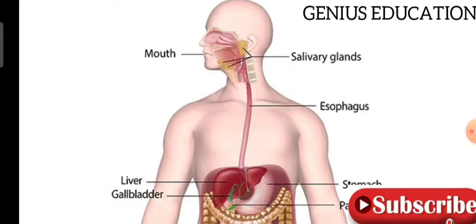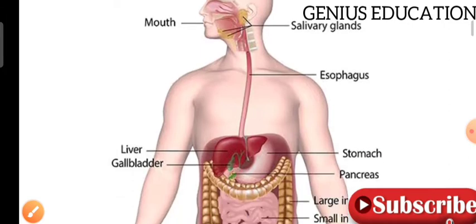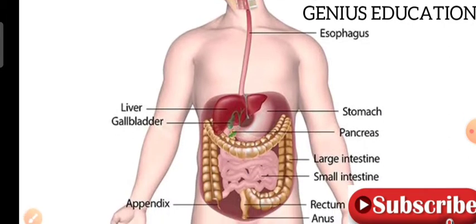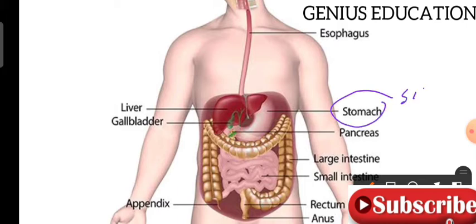The stomach is a digestive organ, and the stomach is the storehouse of food. Even there is a liver. The liver is a gland which secretes bile juice.